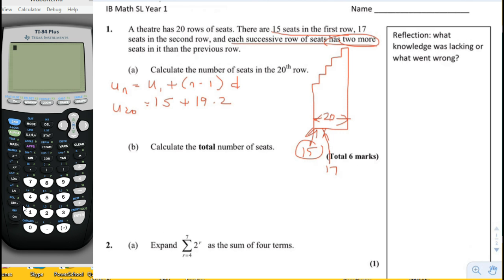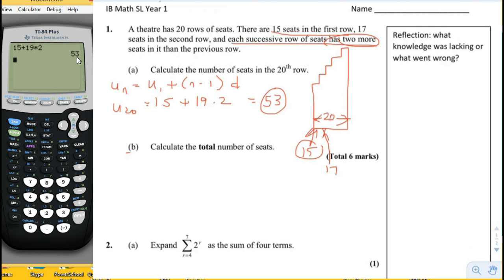So now we have all the information we need to find the number of seats in the 20th row. 15 plus 19 times 2, you want to use parentheses if you're not sure about how PEMDAS works. That's 53. So 53 seats is the answer for the first one.